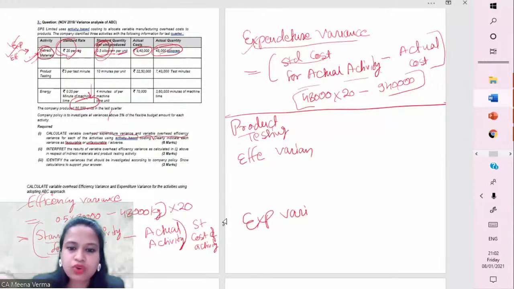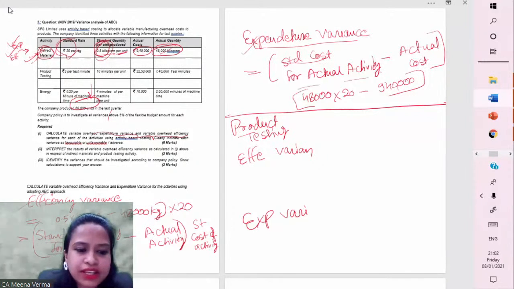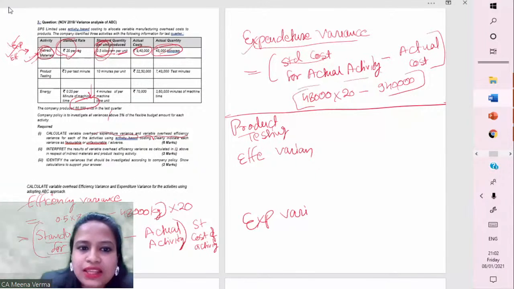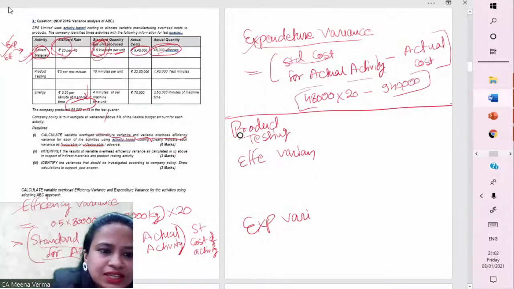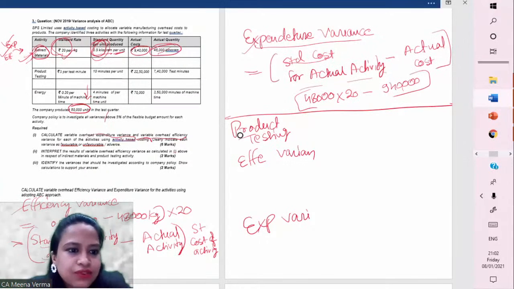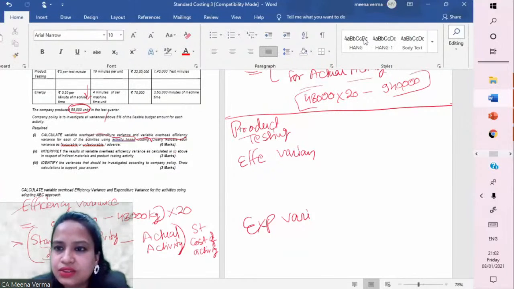What you have to do for calculating the efficiency variance: we have standard activity for actual output. What is my actual output? We are producing 80,000 units in this question. You can see it is given. So this is the actual output. What is the activity? Product testing is the activity here.